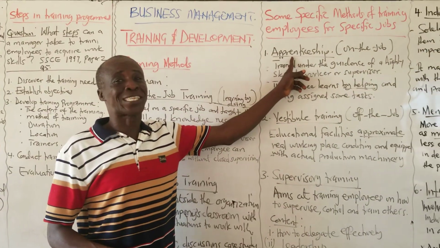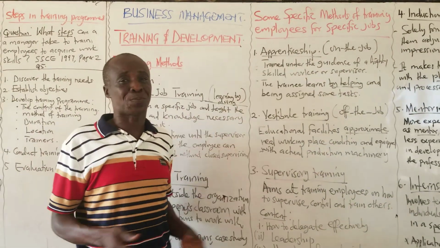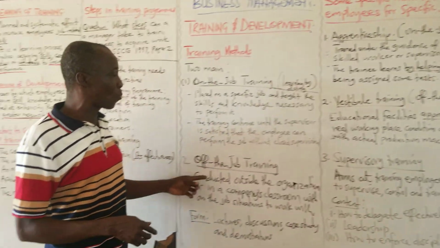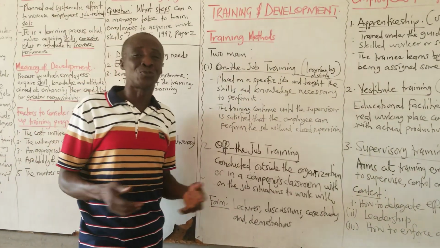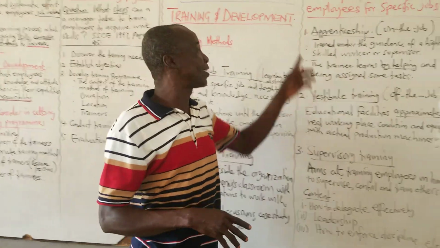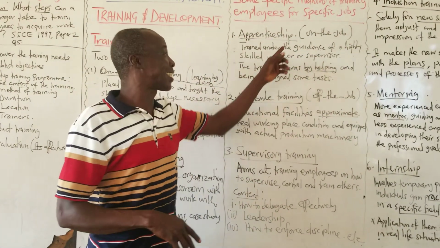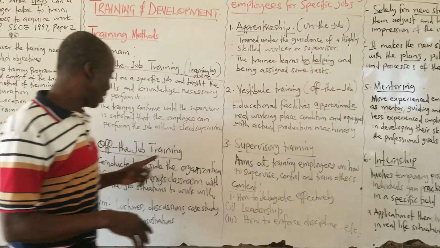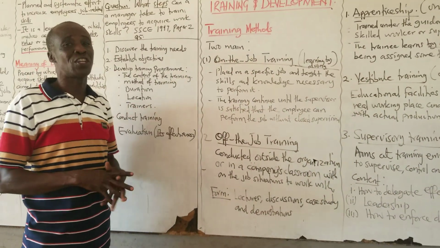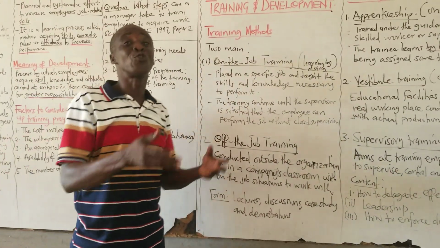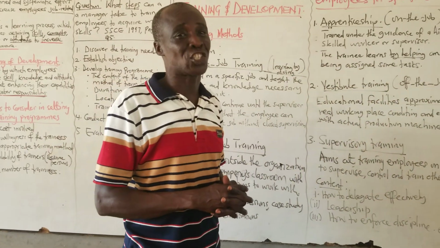If you come here, we said apprenticeship. The question is, is it on the job or off the job? And I've already told you, apprenticeship is on the job. It's a typical example technique in respect of on the job training program. What is it? We all know what apprenticeship is.